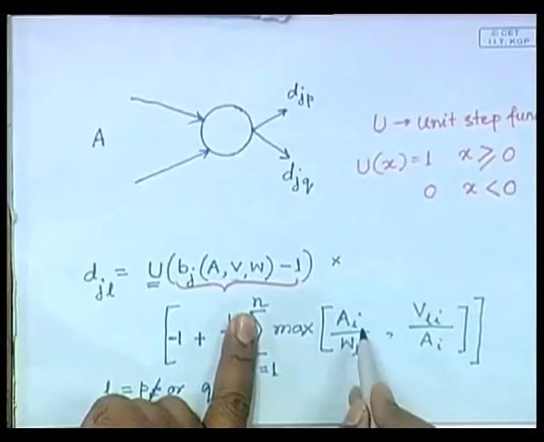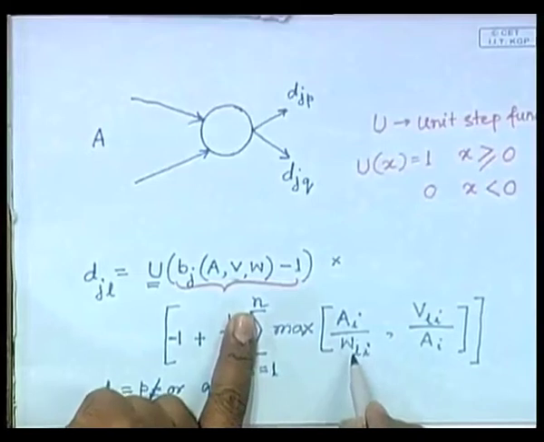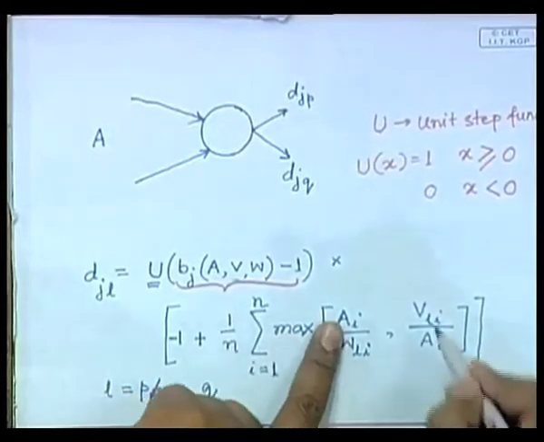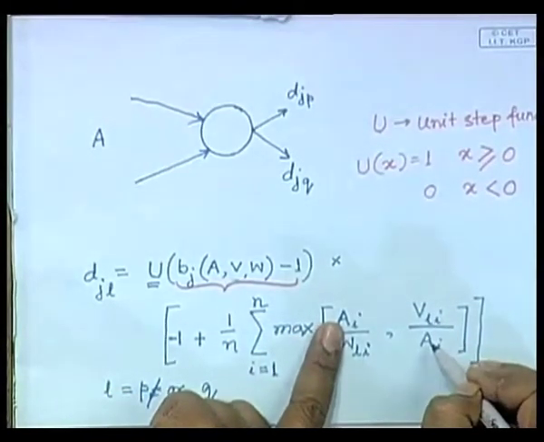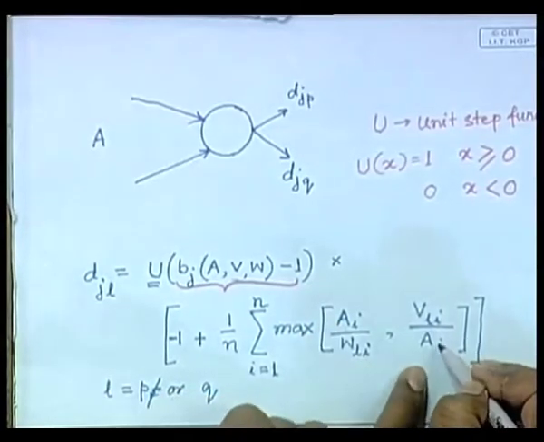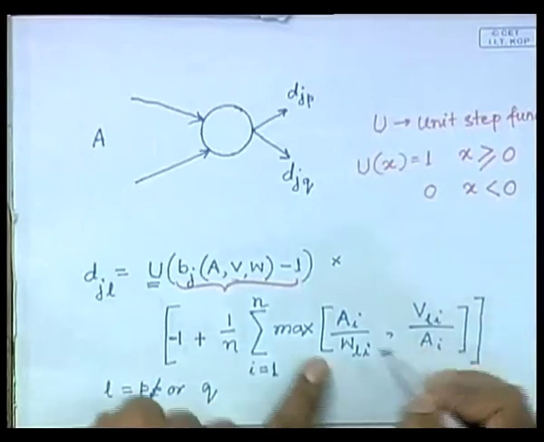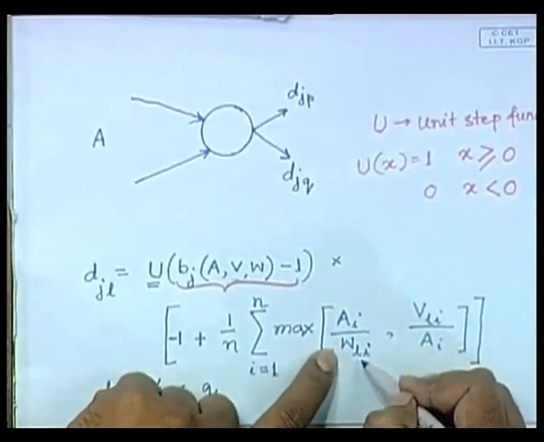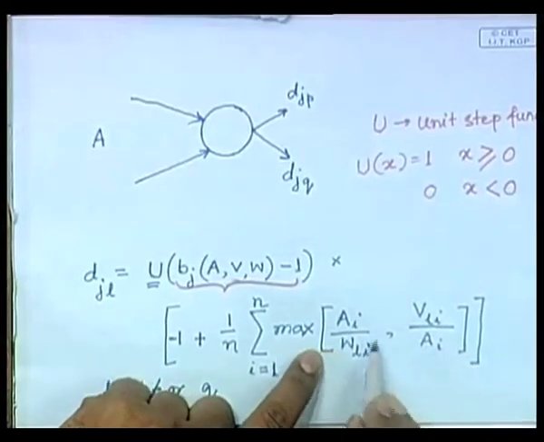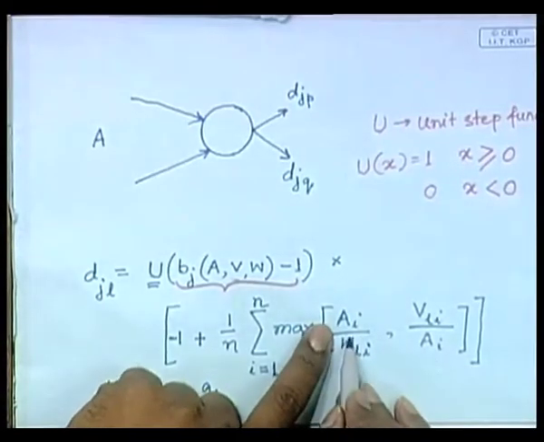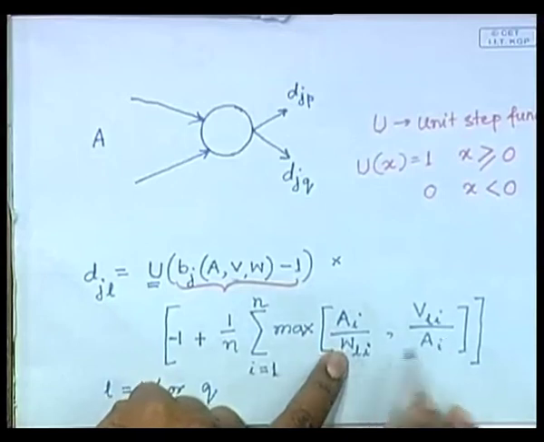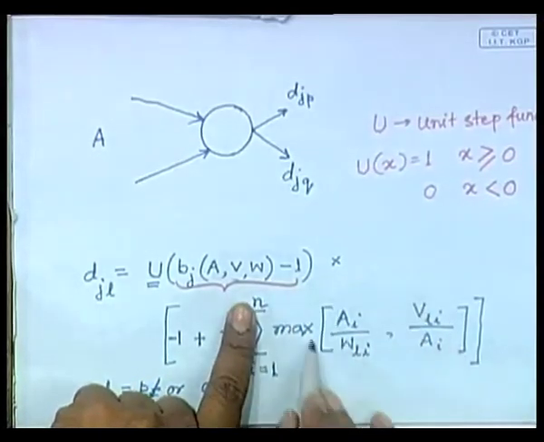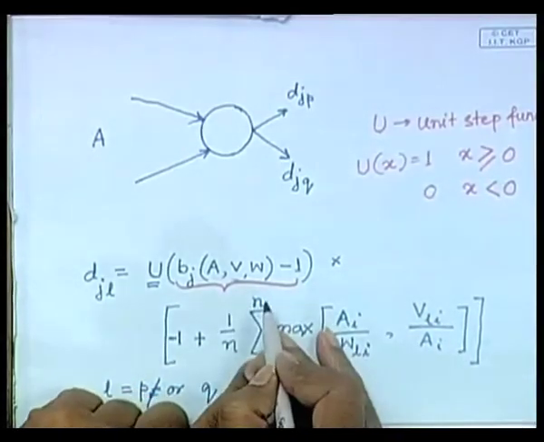If the unknown feature vector coincides with the max point, then obviously V_L upon A will be less than 1. If it coincides with the min point, then obviously A upon W_L will be less than 1. So, if the unknown point coincides with either the min point or max point, then this max operator will return a value 1.